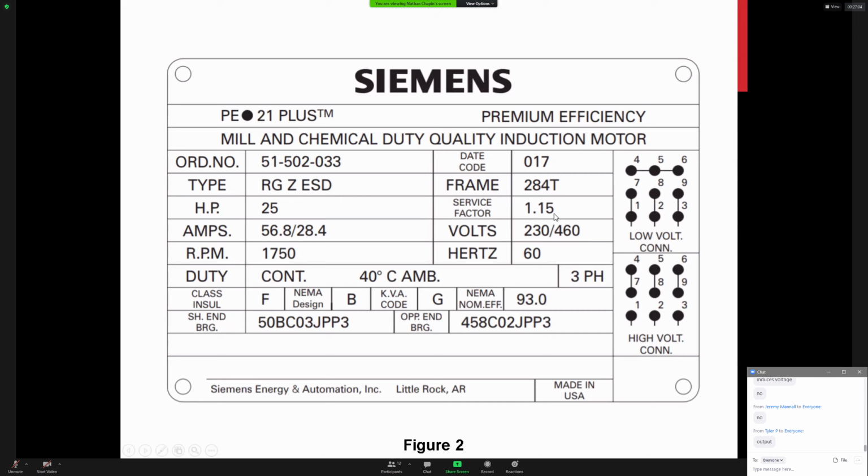So this number is used in some variable frequency drives. In other variable frequency drives, it's not. The thermal state of those motor windings and of the current going through is calculated in some as well.